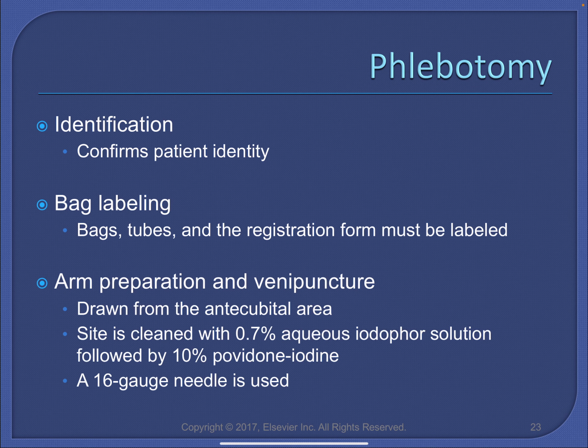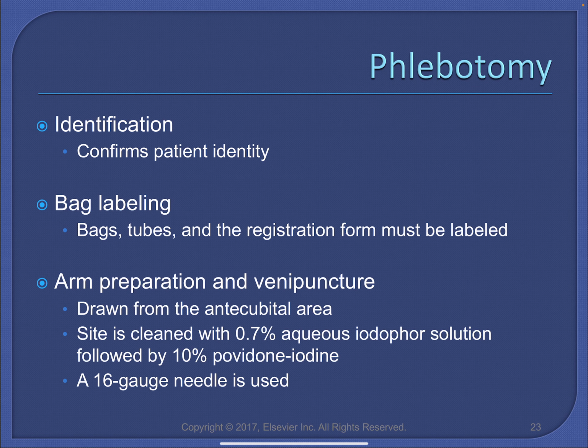After you dry for 30 seconds, you will cover the site with a sterile gauze. Obviously, we have to ask the donors if they have any allergies, so that we use the proper antiseptics. You can use a tourniquet or a blood pressure cuff and inflate that to make the vein more prominent.